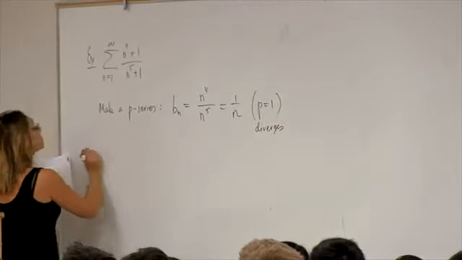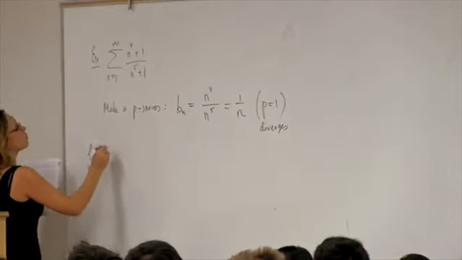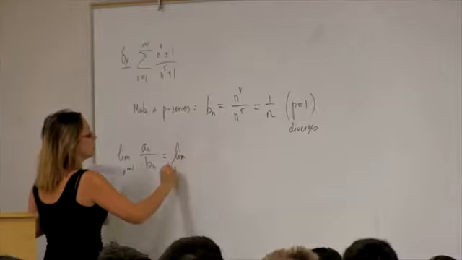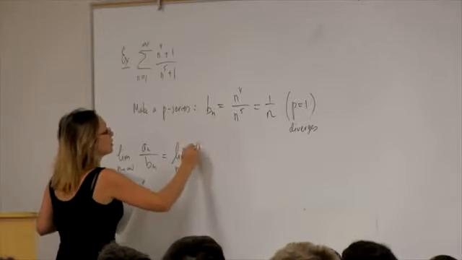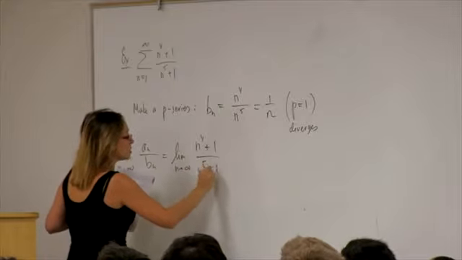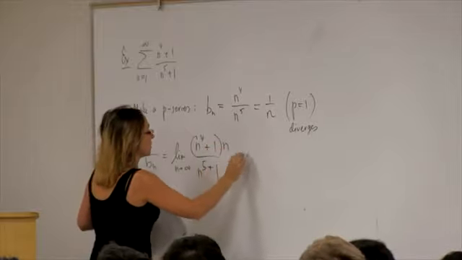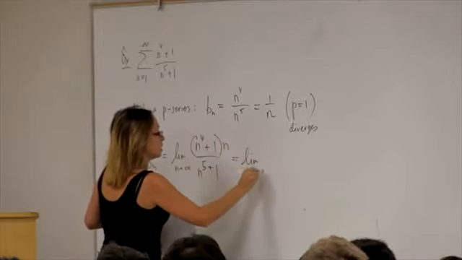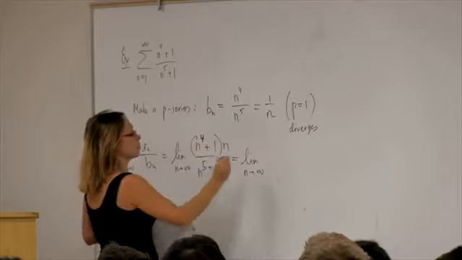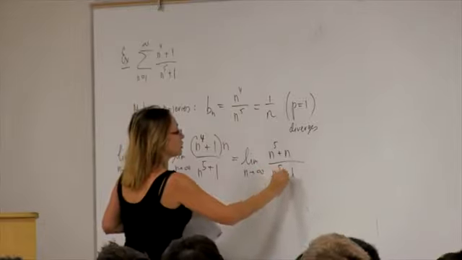Now, for comparison, I can just take the limit of an over bn, the limit of n to the 4 plus 1 over n to the 5 plus 1, divided by 1 over n. So I multiply by n here. Let me multiply through by the first power of n to the 5 plus 1.